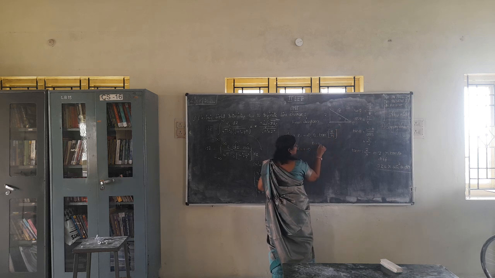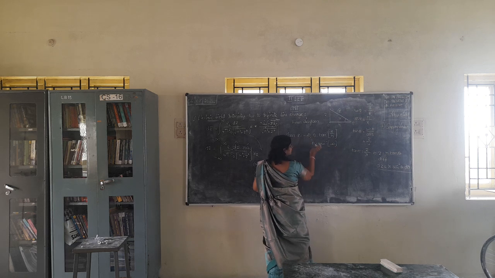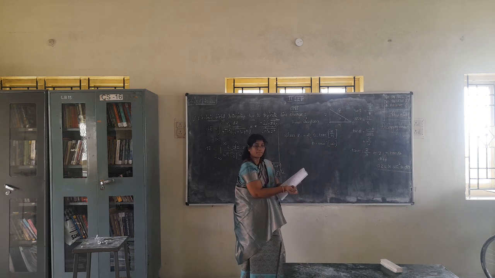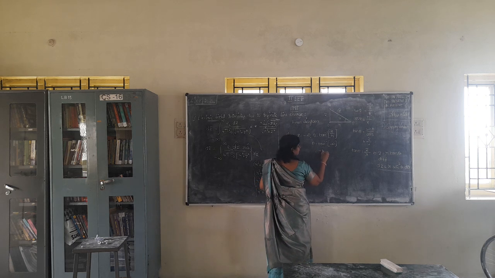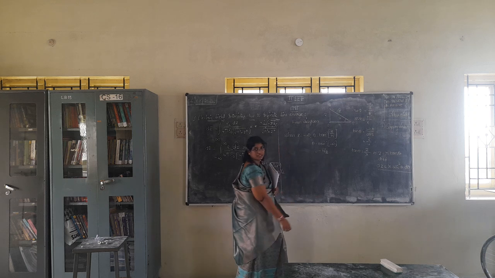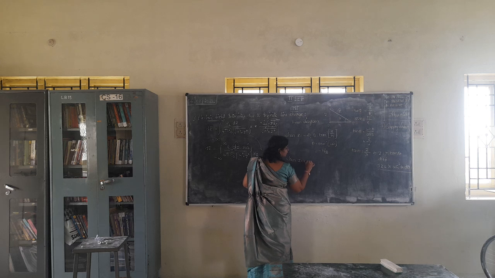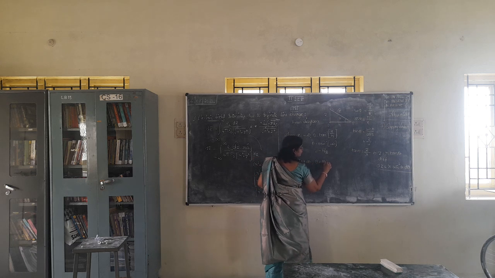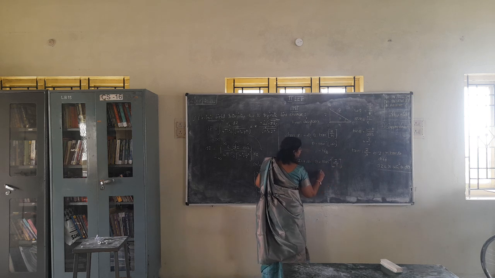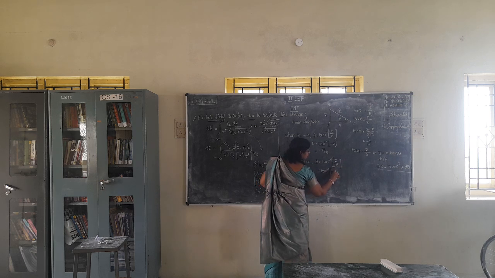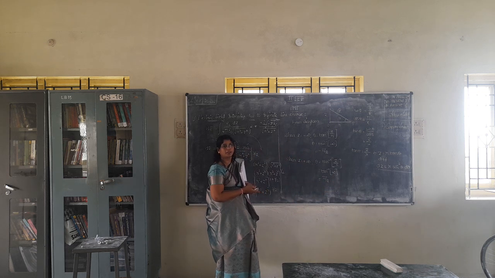So theta will be equal to tan inverse of minus infinity. Tan inverse of minus infinity is minus pi by 2. Similarly, when z is equal to plus infinity, theta will be equal to tan inverse of z divided by r. So it is tan inverse of plus infinity. Tan inverse of infinity is plus pi by 2.